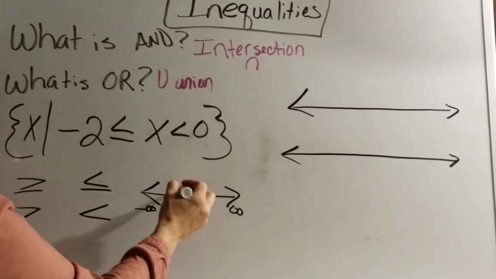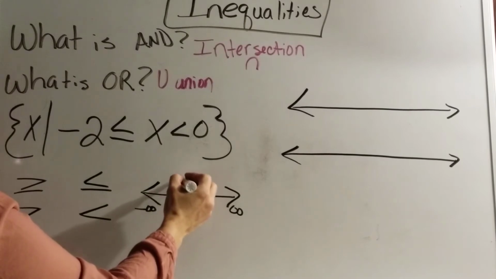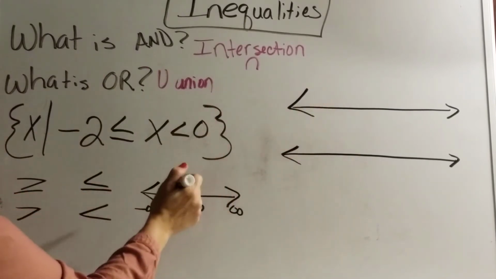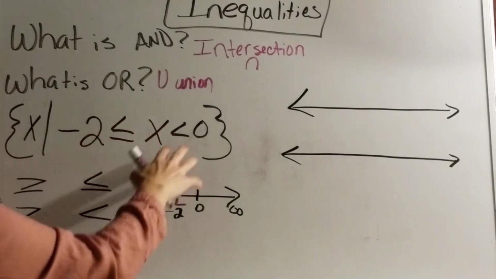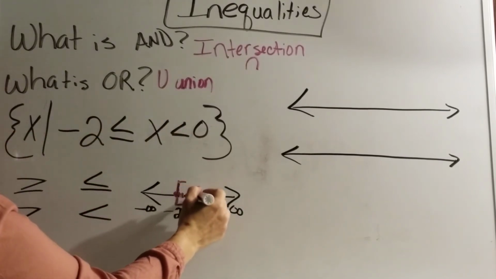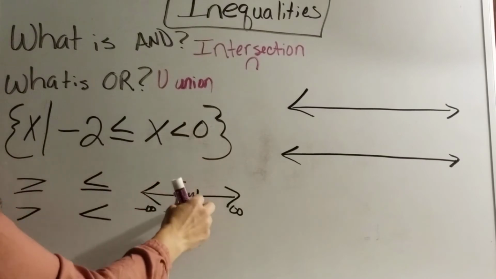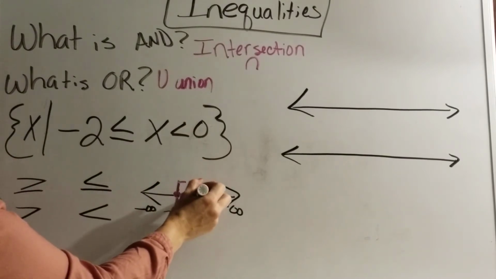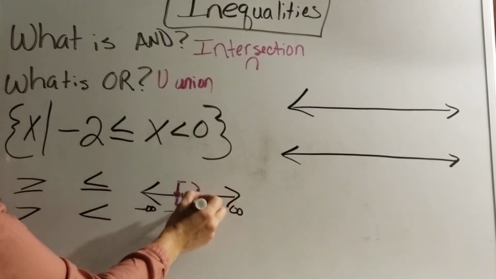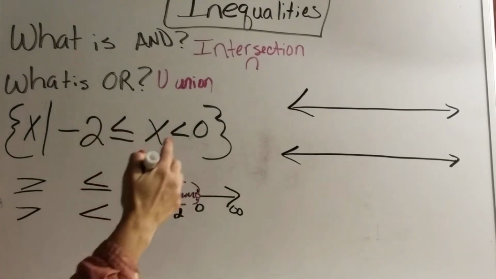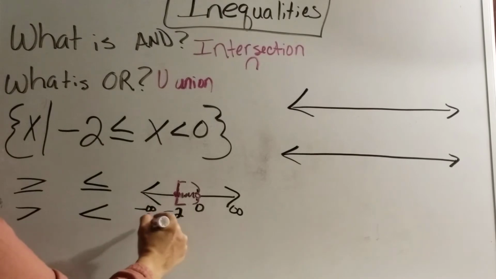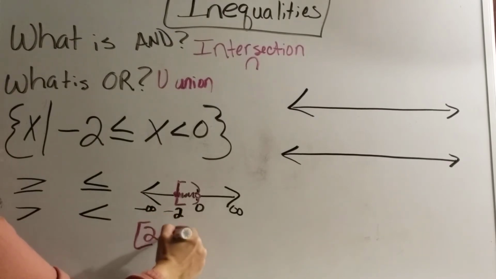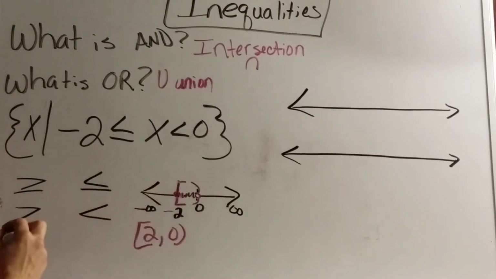So we have a closed circle and we have a bracket. And since it's going off this direction, we're going to put the bracket facing that direction. This says x is all values between them. And this says x does not equal 0. So it gets an open circle with the parentheses. And if I write this in interval notation, and this is important, guys, interval notation would be bracket -2, 0 parentheses.